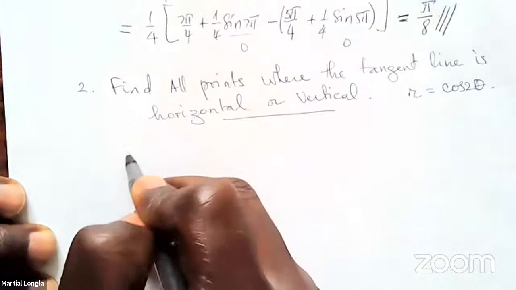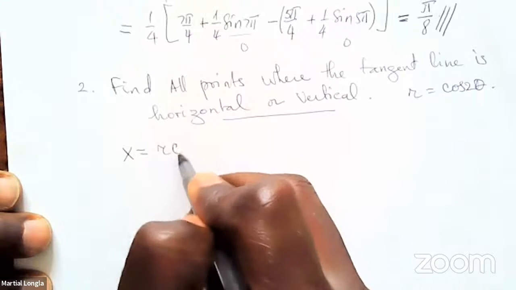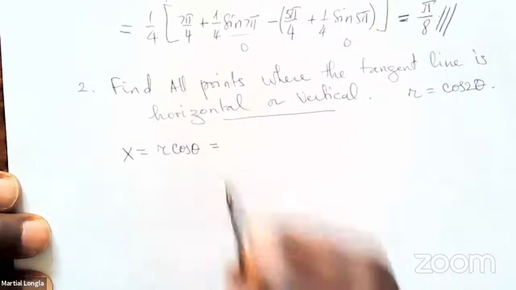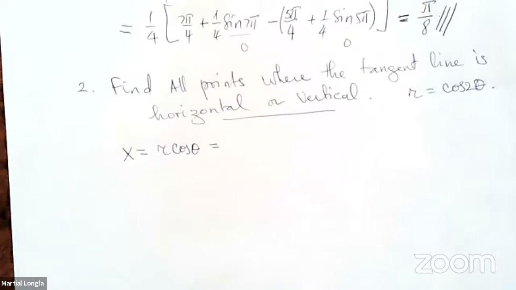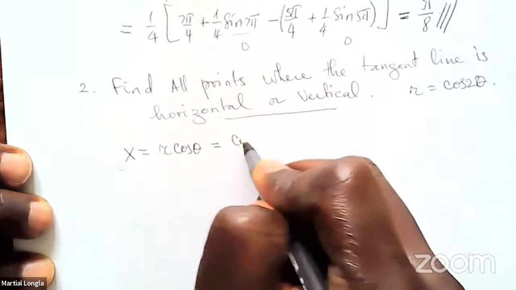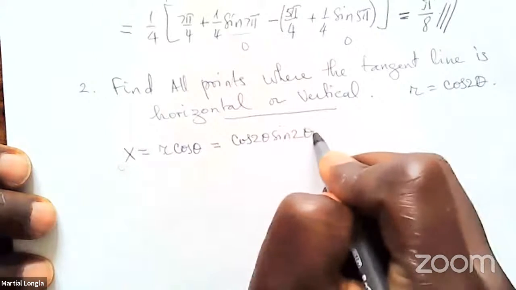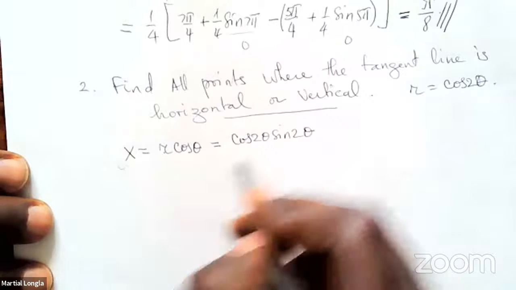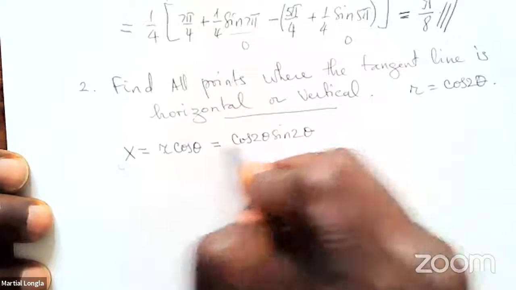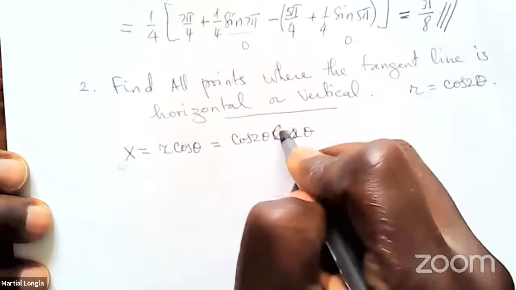So here, we know that x is r cosine theta. That's the relationship between Cartesian coordinates and polar coordinates. And r is cosine 2 theta, so x is cosine 2 theta times cosine theta.